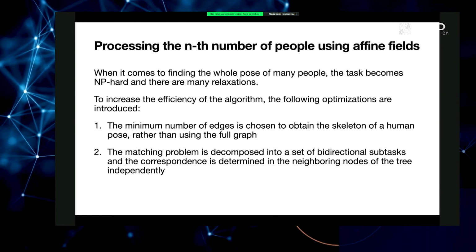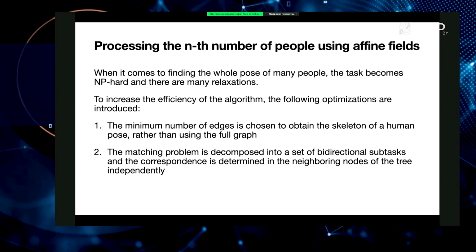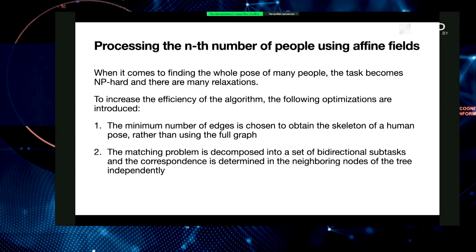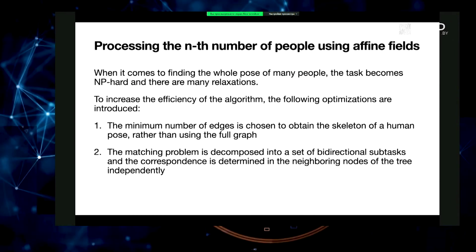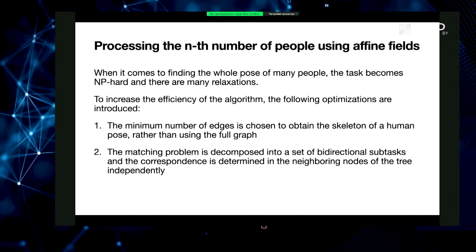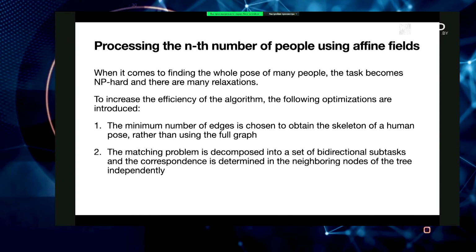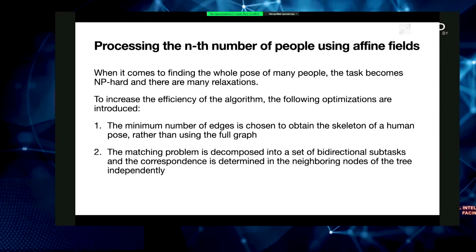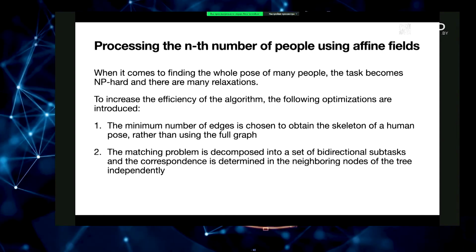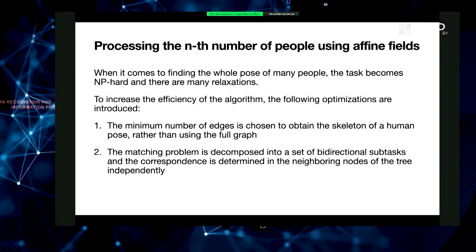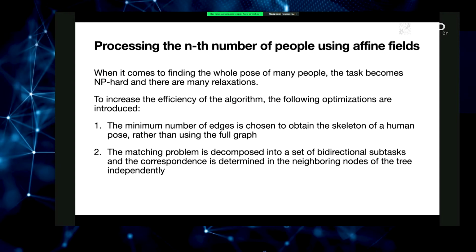When the task comes to analyzing multiple people, it becomes an NP-hard task, with a lot of relaxations actually. To increase the efficiency, meaning we wanted to make it faster and consume less execution energy, we had to add a few optimizations.